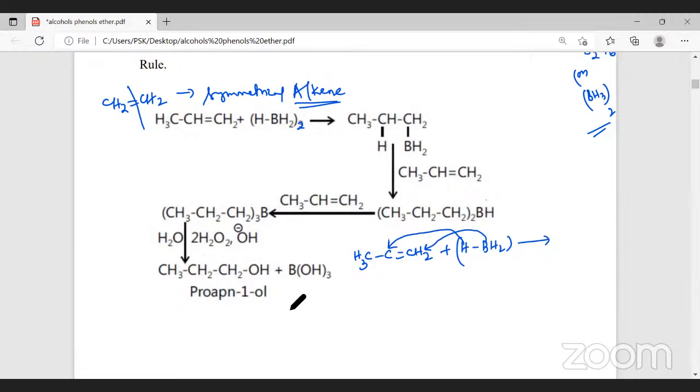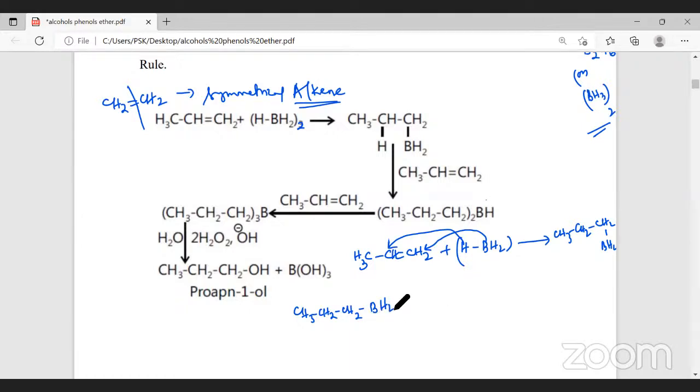The product you will get in the first step is CH3, CH2, CH2 and what? BH2. Is it understandable now? Did you understand the first step?